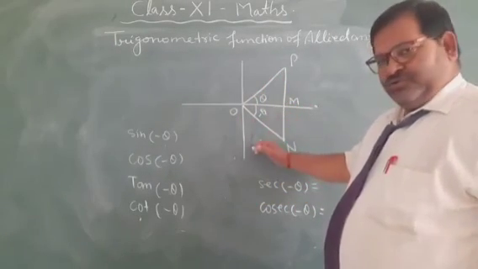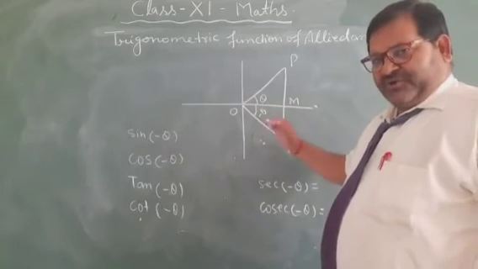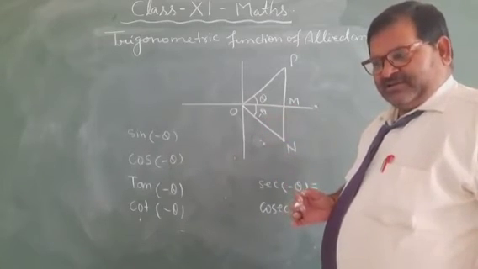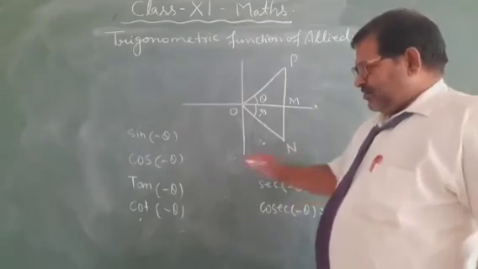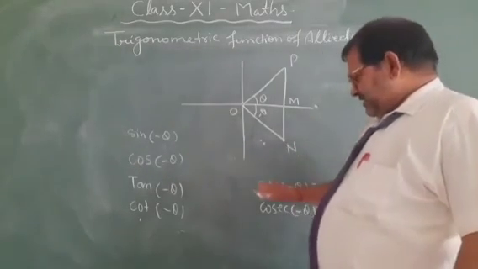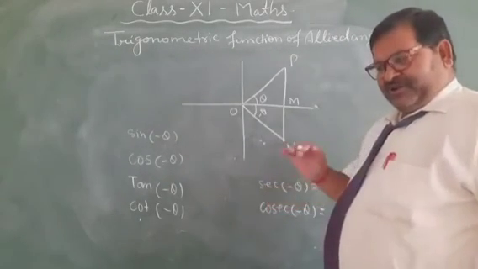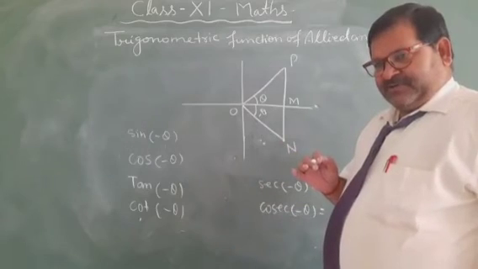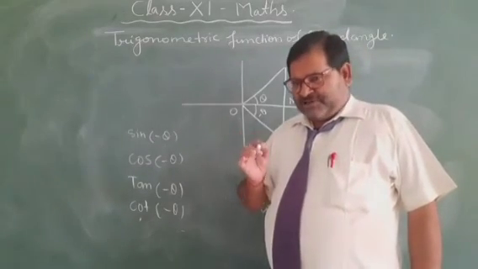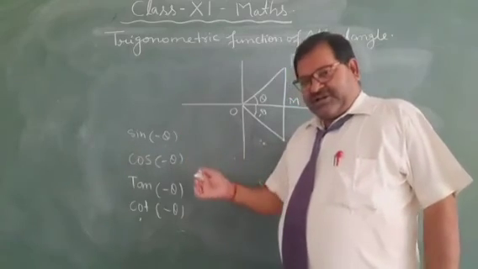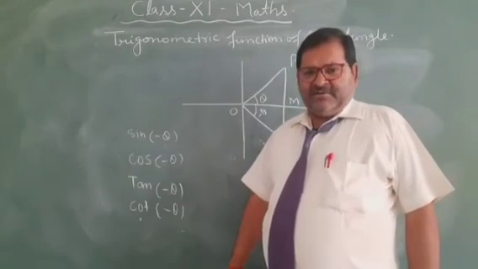So in the fourth quadrant, cos and sec be only positive, and the rest are negative.